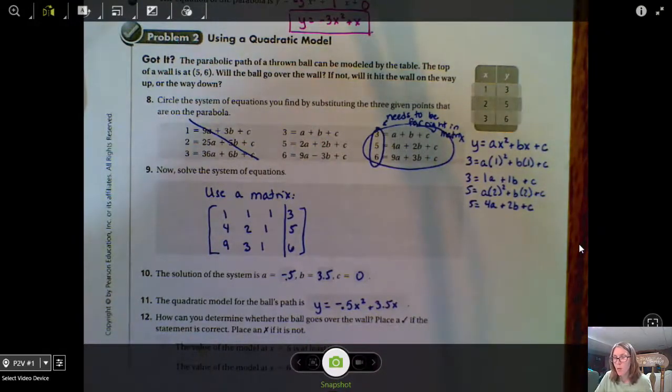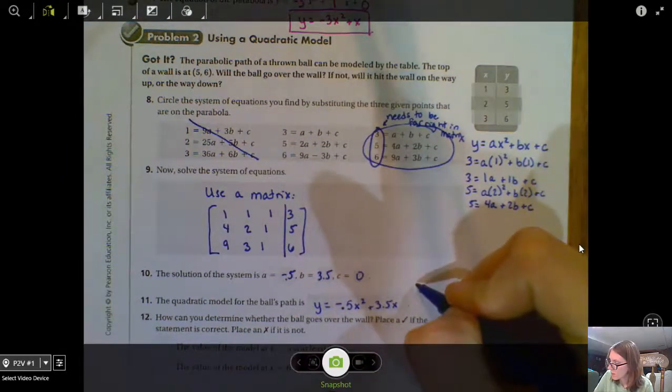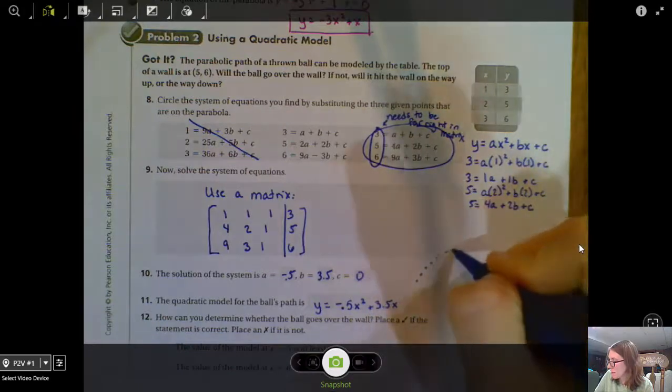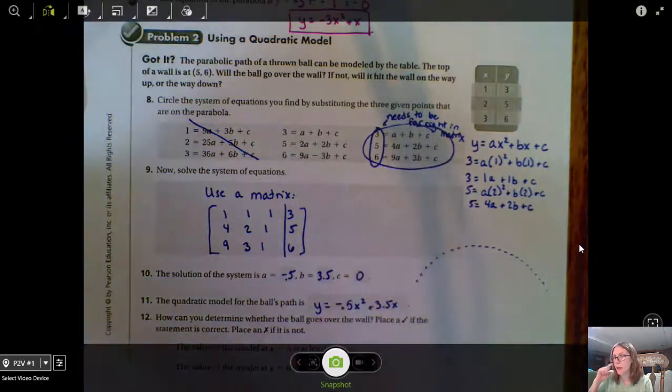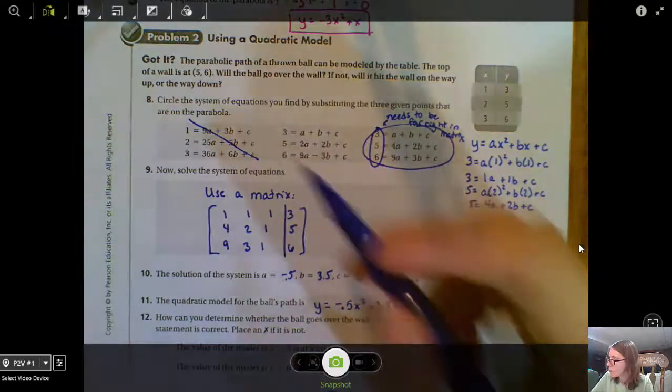And before we keep going with this problem, I want to take a second and think about what really are we trying to find. So I know that my parabola is upside down because of the negative here. And I'm going to draw my little picture. So let's say this is the path of my thrown ball. It's my parabolic path. Okay?